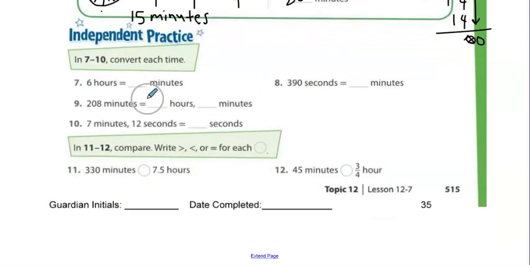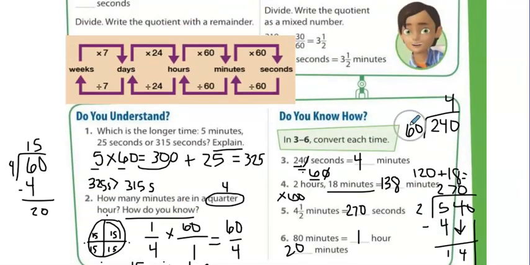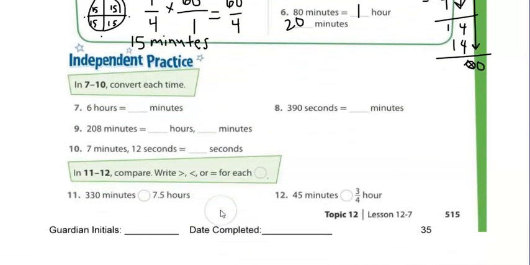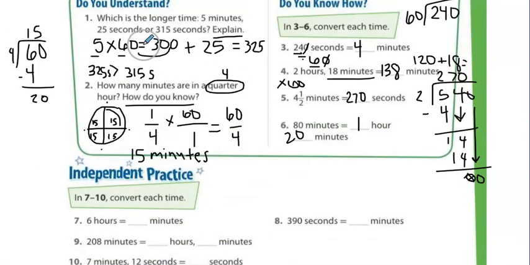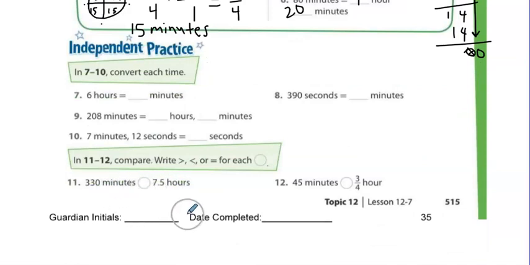All right, so down below on numbers 7 through 10, you're going to be doing the same strategy that we just did up here for 3 through 6. Remember, you have your conversion chart on page 34. And then numbers 11 and 12, you're using those comparison symbols kind of similar to what we did up here. So you want to figure out what the larger unit is and turn that into the smaller unit.